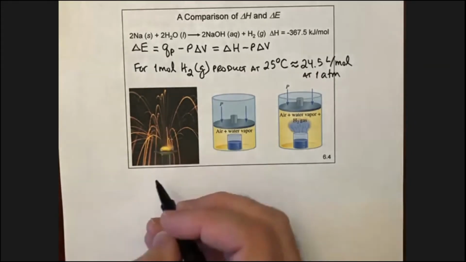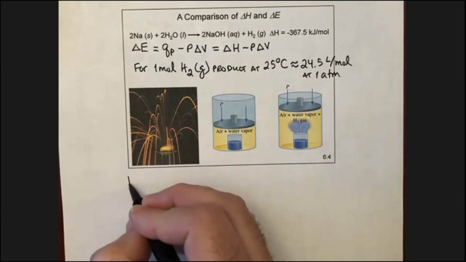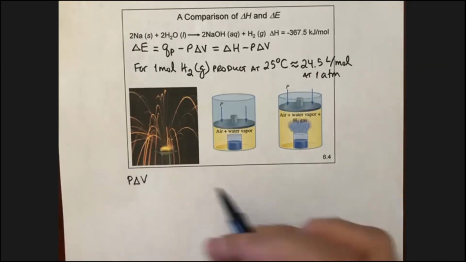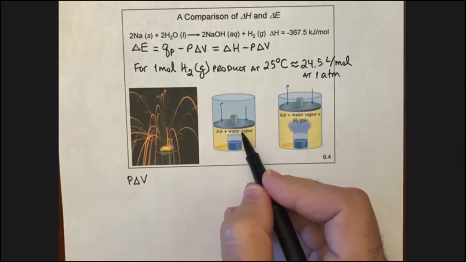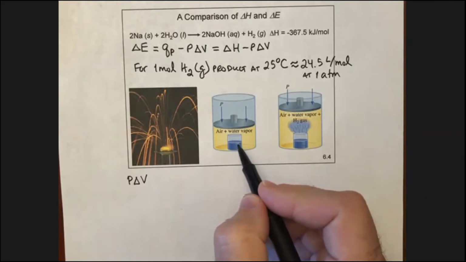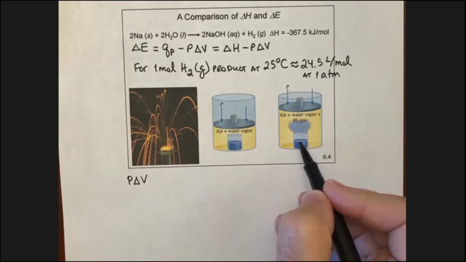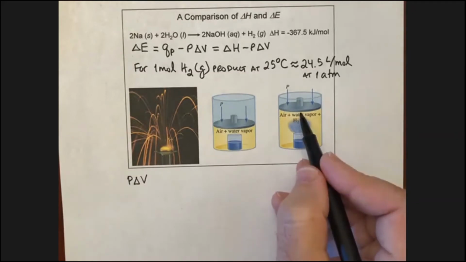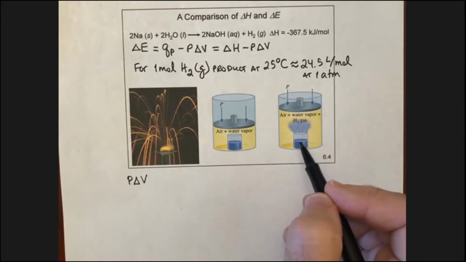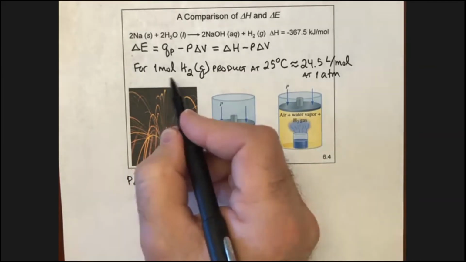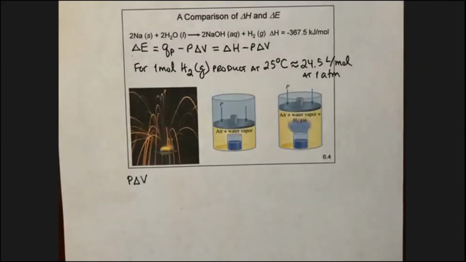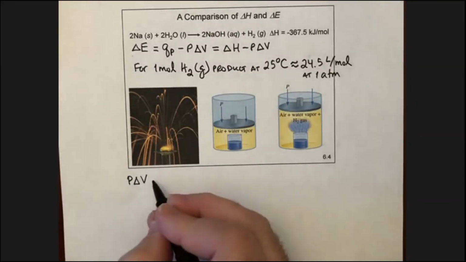So let's consider what P delta V is for this process. Again, notice that we start out with the system inside a container with a piston. I add the sodium, and when it starts reacting, the hydrogen gas is produced and pushes against that constant pressure. Let's say we have 1 mole of this gas. So what would be P delta V?